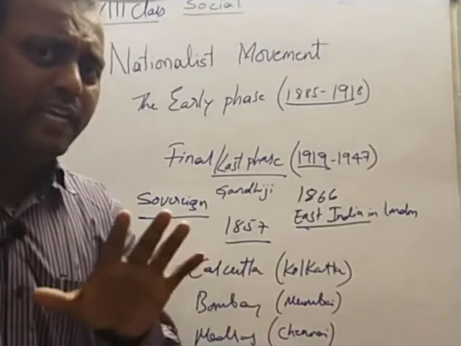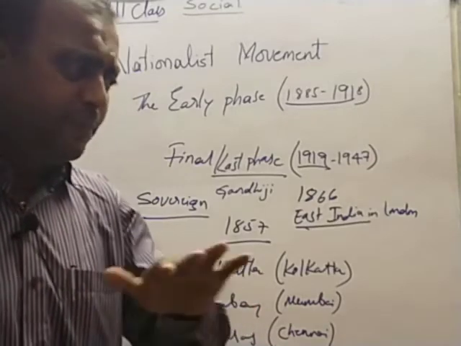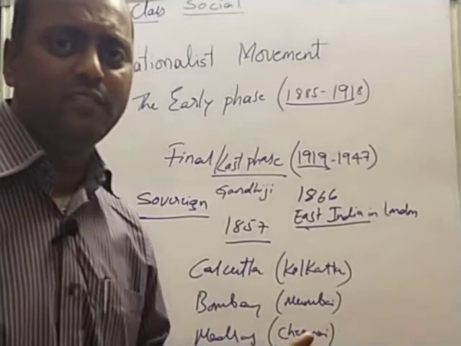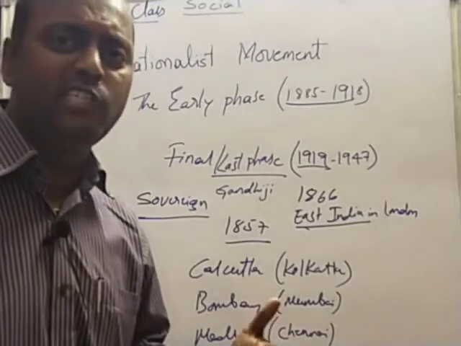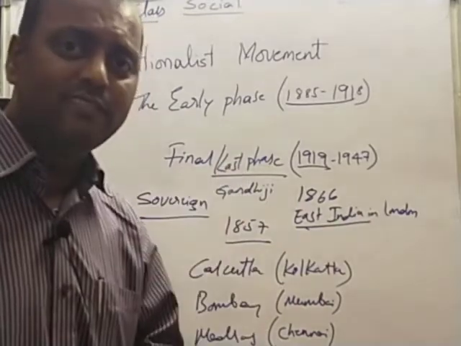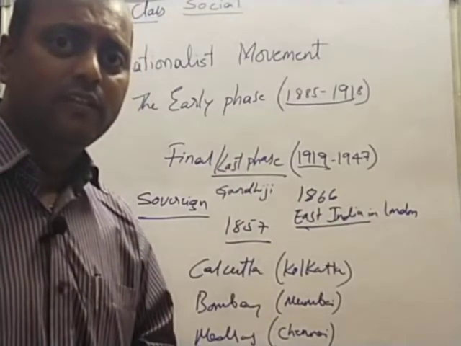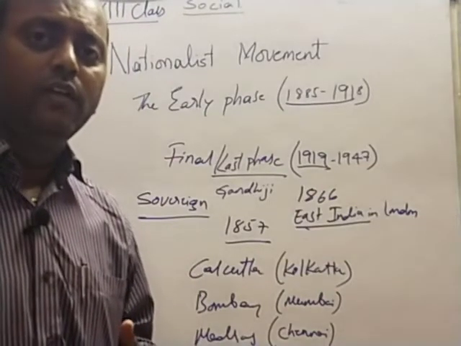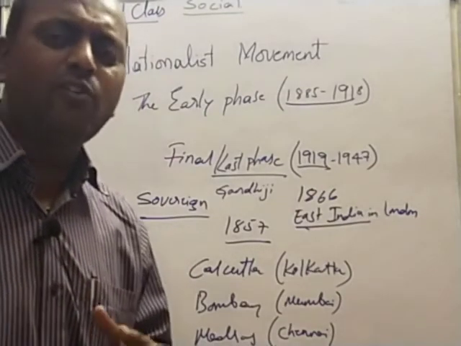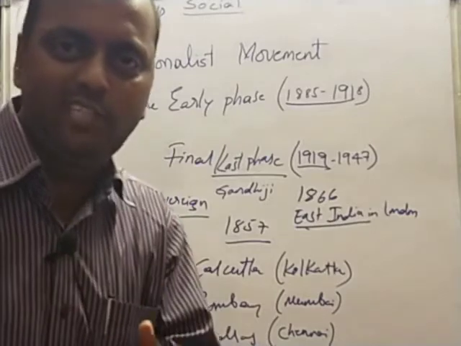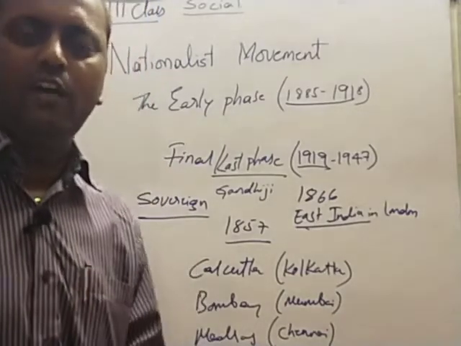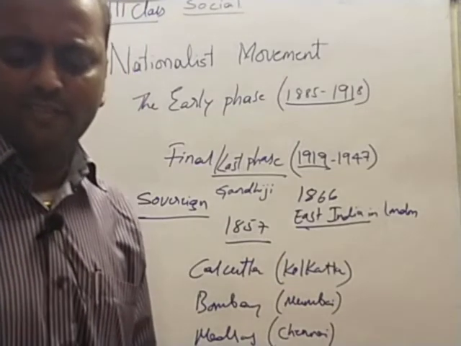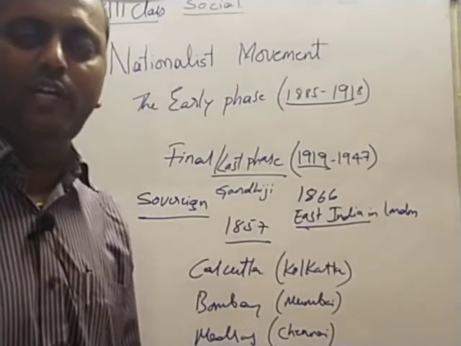There should not be any kind of dependency on others. There should not be any force from others to make decisions about themselves. About their affairs, there should not be any kind of influence from others. That is called sovereignty. When you can take decisions relating to your affairs on your own, then you are called sovereign. So, this is sovereignty.